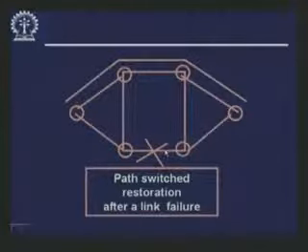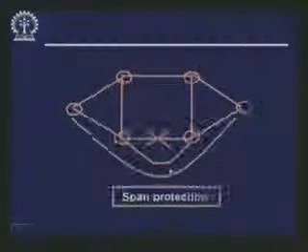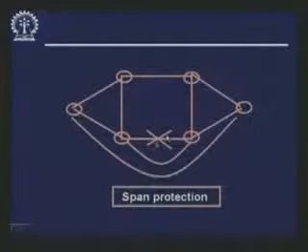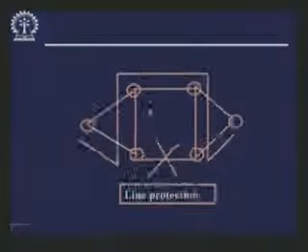What you might do is switch the entire path like this. So, this was the pre-computed path for this path, so you switch to that. This is one possibility. Or this particular span, from here to here or from here to here, may have an alternative path through which you switch.